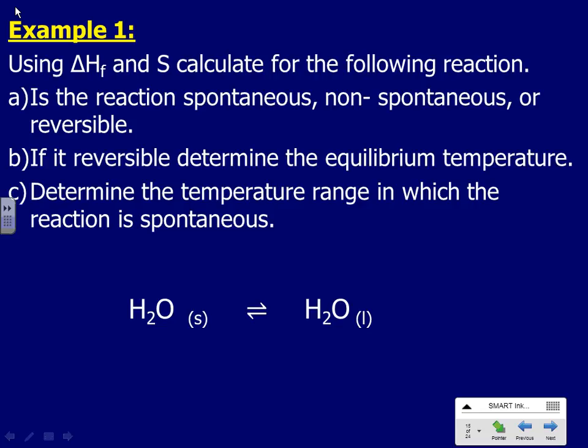My chemical reaction is a very simple physical change. We are melting ice.